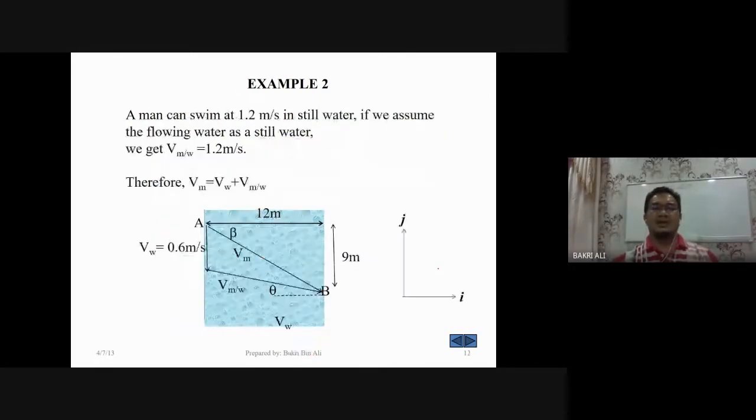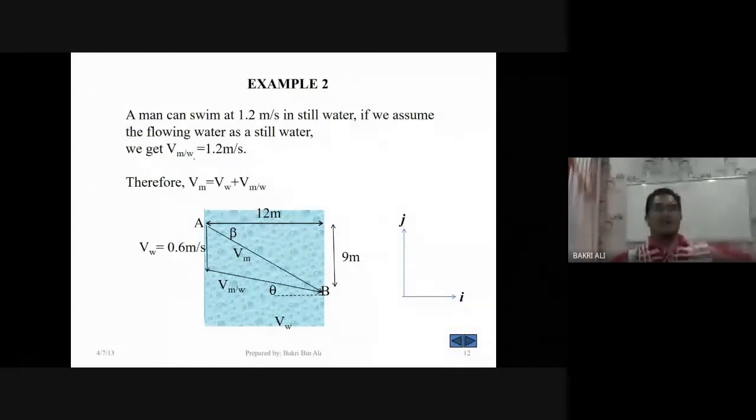Okay, so how do we analyze this motion? This is how we can do that. If the man can swim at 1.2 meter per second in still water, then that 1.2 meter per second in running water is the relative motion of the man with respect to the water.